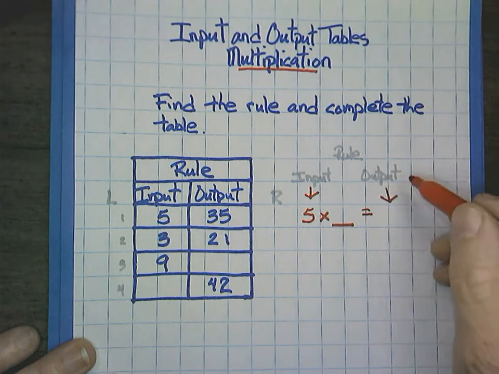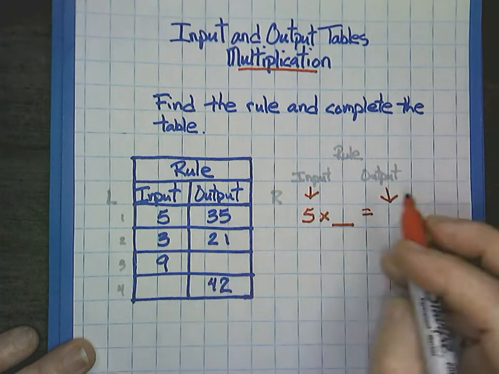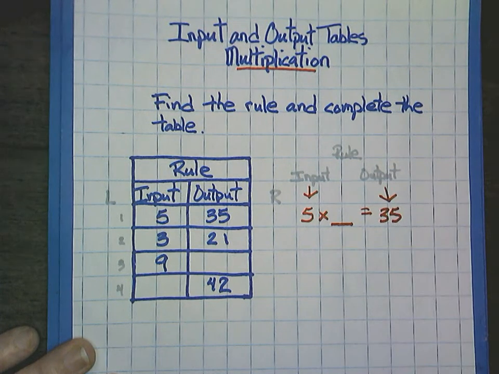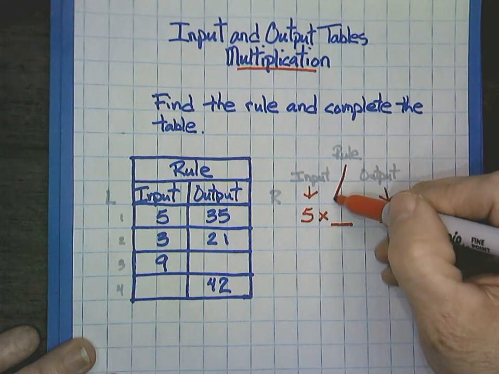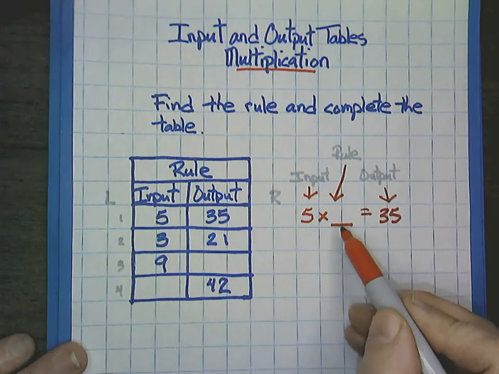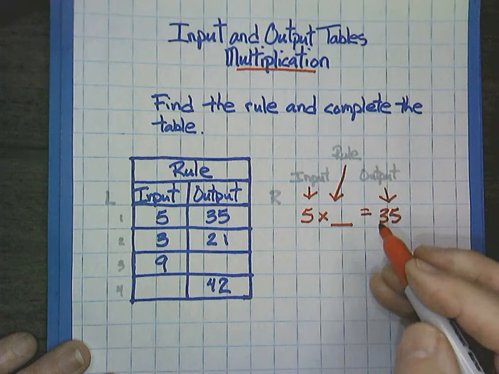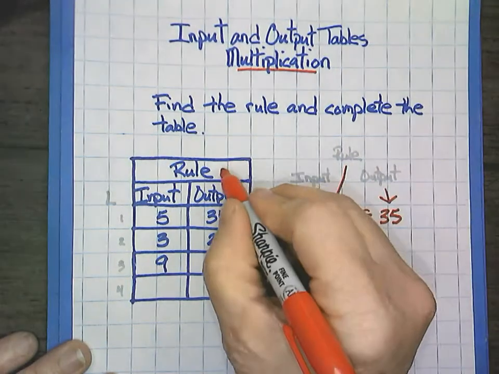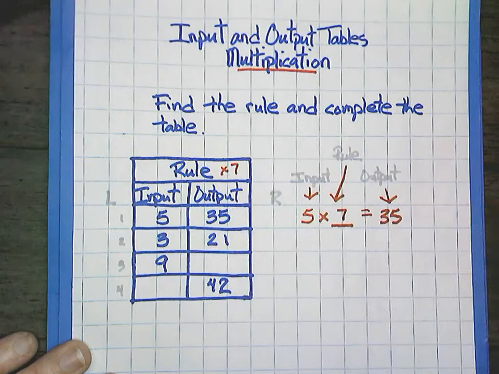And then our output, we do know our output, which is 35. So our rule would involve this part here, the multiplication, times what? Well, in this case, 5 times 7 equals 35. So I believe that our rule is times 7.